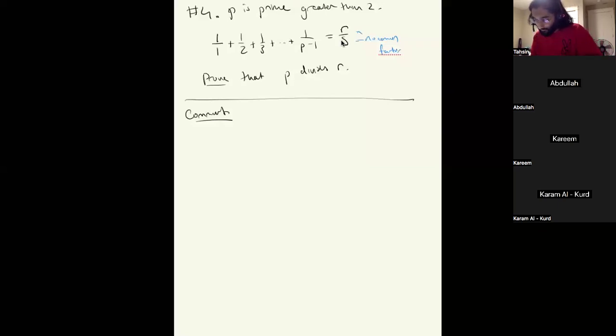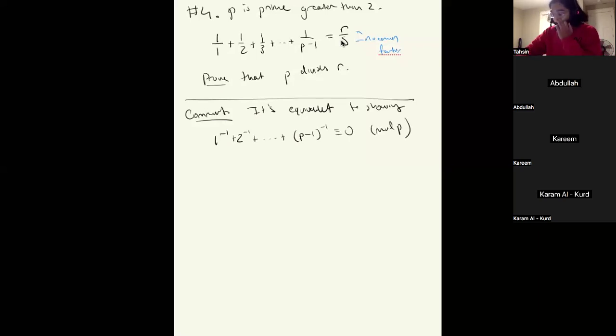The point is it's equivalent to showing that 1 inverse plus 2 inverse plus all the way to P minus 1 inverse is congruent to 0 mod P. And by inverse, what do I mean? I mean multiplicative inverse modulo P. So that's what I mean.